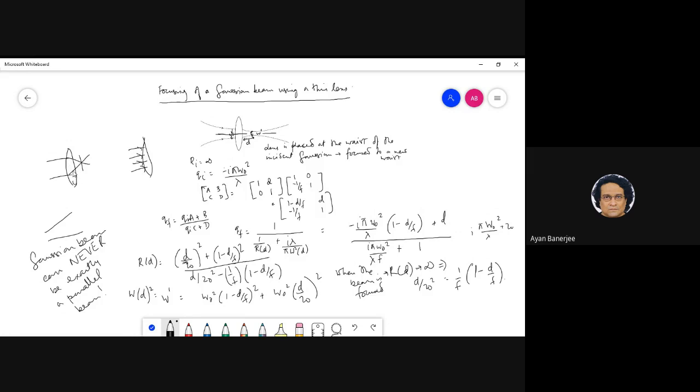See, a plane wave is a complete idealization. A plane wave does not exist anywhere. What we talk about as a plane wave is that it has infinite extent. That is the only thing.